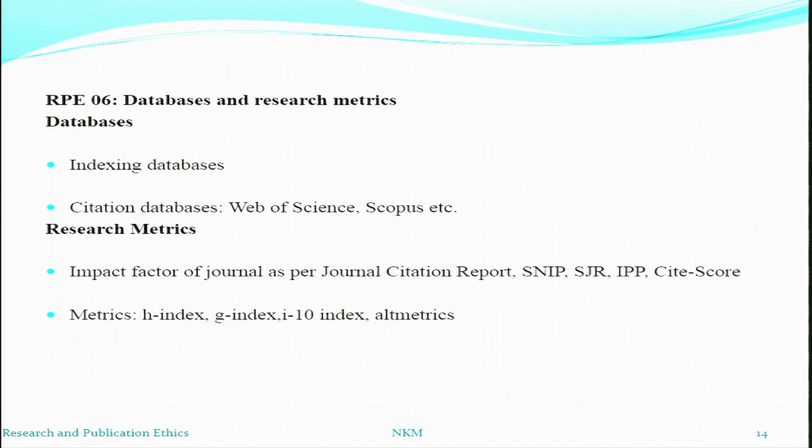And in the end we'll try to understand the research metrics in terms of the impact factor of journals as per Journal Citation Reports. There we'll try to understand SNIP, SJR, IPP, and CiteScore. We'll develop our understanding of these impact factor ratings, and then we'll try to understand the h-index, g-index, i-index, and altmetrics.